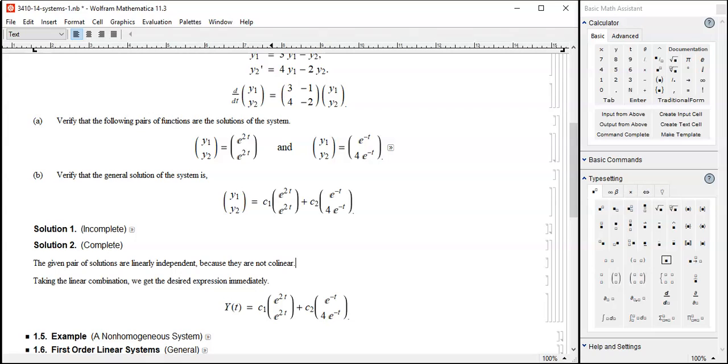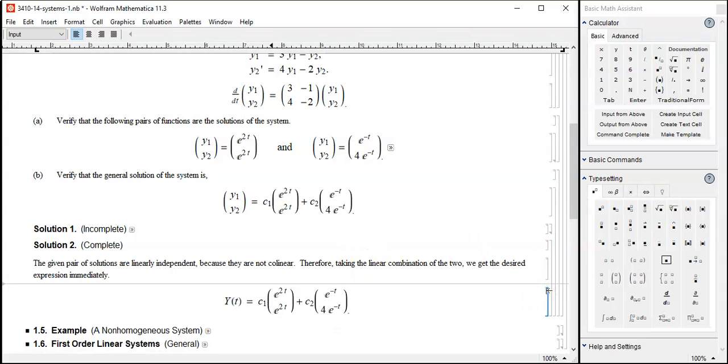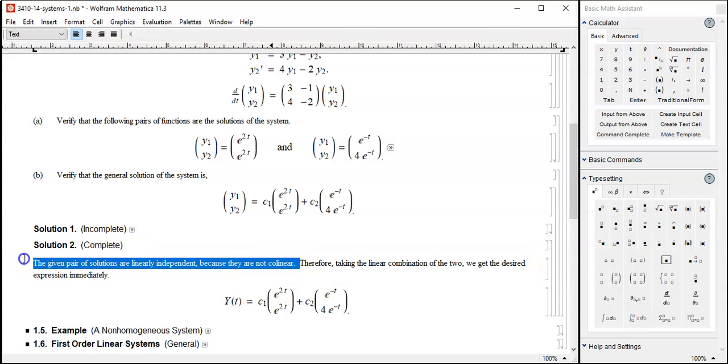Okay, that's sufficient. Therefore, taking the linear combination of the 2, we get the desired expression immediately, and there. Okay, all right. Previously, I didn't have this line. I just added it to make it even better.